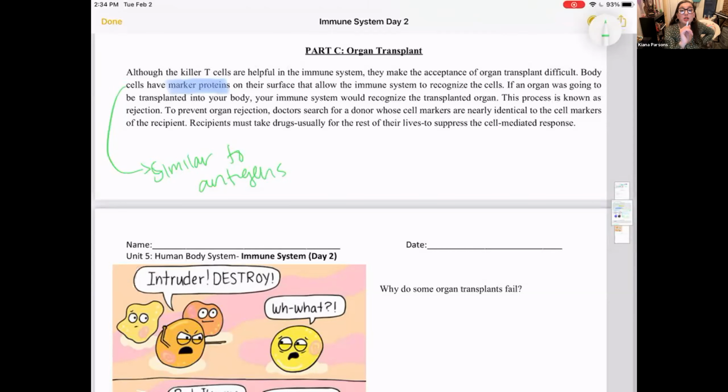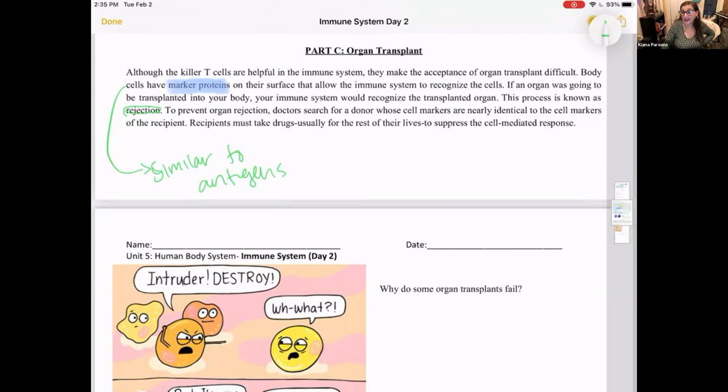If an organ was going to be transplanted into your body, your immune system would recognize the transplanted organ. This process is known as rejection. So what this is saying, your body would recognize that the transplanted organ isn't your organ because it has different proteins on it. It doesn't match the rest of your body. This is why when you get an organ transplant, it's very important to find someone who is a match.